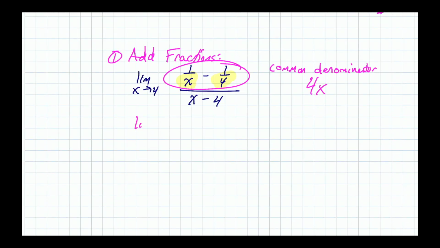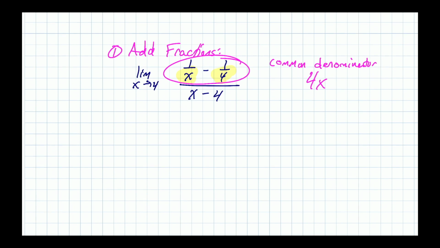Common denominator is 4x. What you want to do is get that common denominator. So we have 1 over x. We've got 1 over 4. So in order to get the common denominator on both of these, the second one is missing the x, so we multiply by x over x.